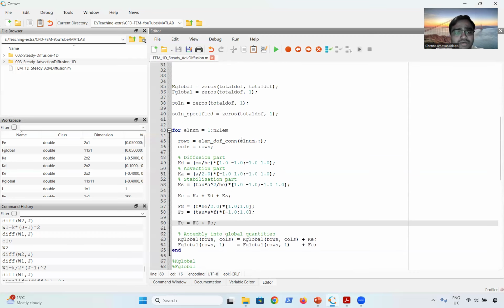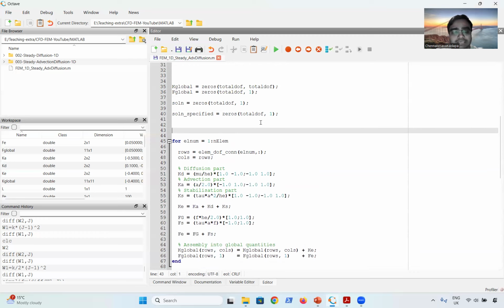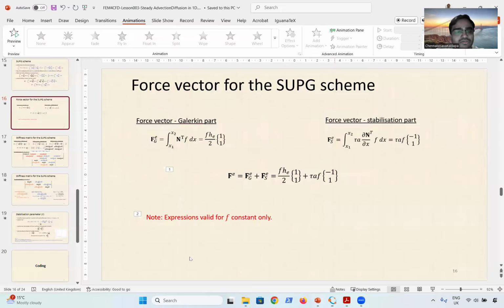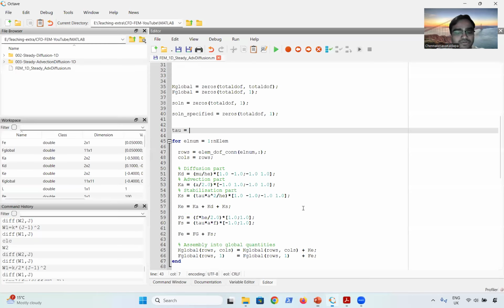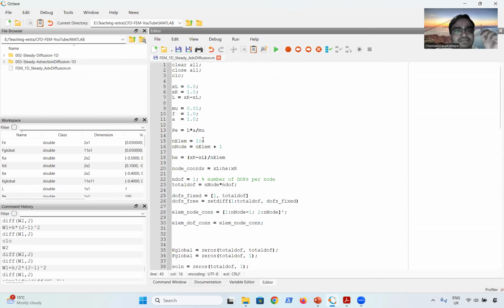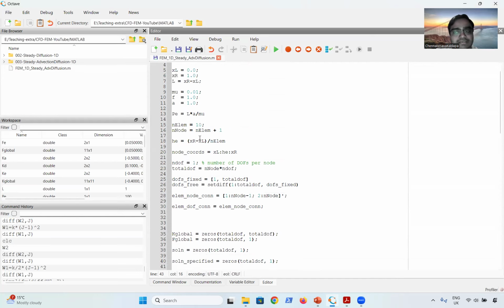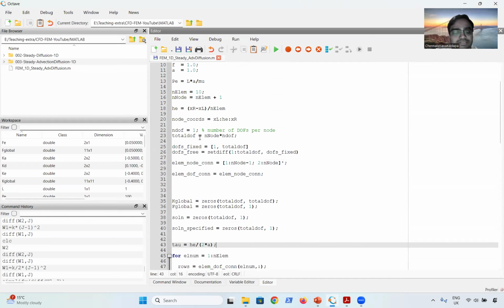Now all we need to do is calculate the stabilization parameter tau. Let's use the simplest one we have, tau equal to HE by 2A. Now when we ran this code earlier, we had spurious oscillations.